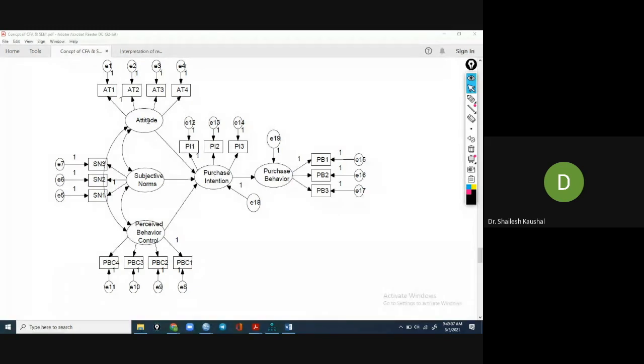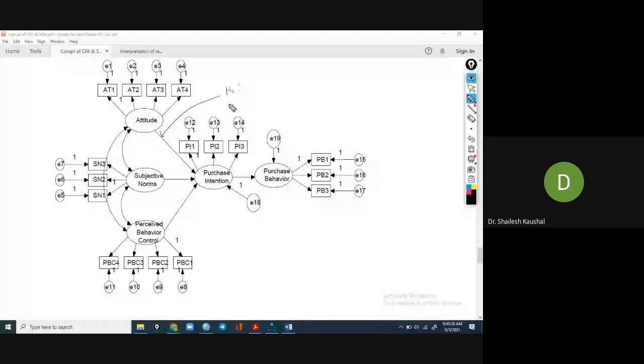Now in stage 6, the structural model validity, we can test the hypothesis. Here we test the hypothesis and find the relationship between endogenous and exogenous constructs. For example, I can develop my hypotheses H0 and H1.